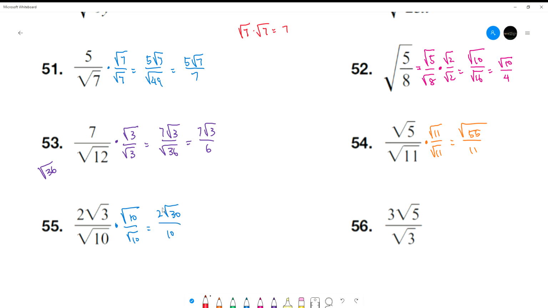But quickly, you want to make sure you simplify this. This simplifies to 5, so radical 30 also does not simplify. So you get radical 30 over 5. And the last one, multiply by radical 3 over radical 3. We get 3 radical 15 over 3, and we see the 3's cancel out. Radical 15 is our final answer. Any questions?